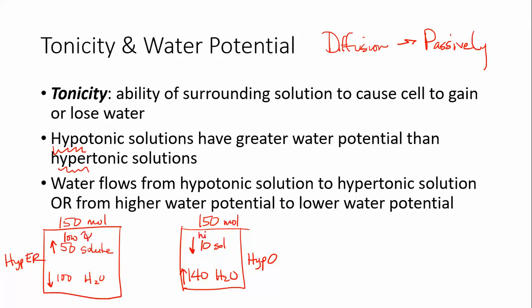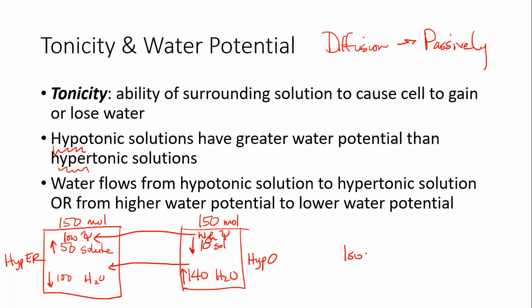This is going to have the highest water potential. And water is going to flow from hypotonic solutions to hypertonic solutions. Water also flows from a higher water potential to a lower water potential. So that just shows the direction that water is going to flow.